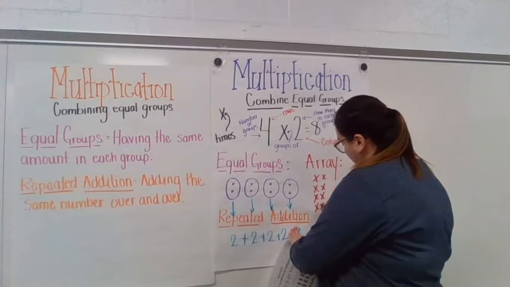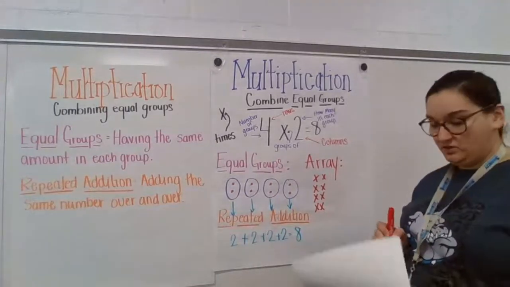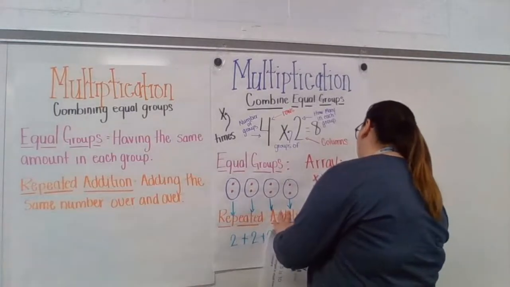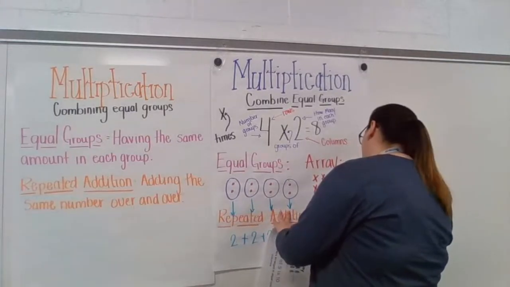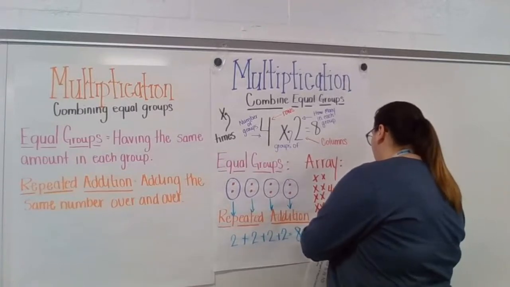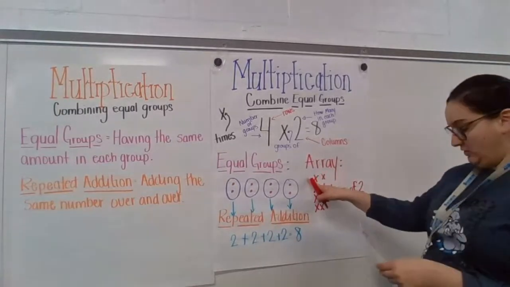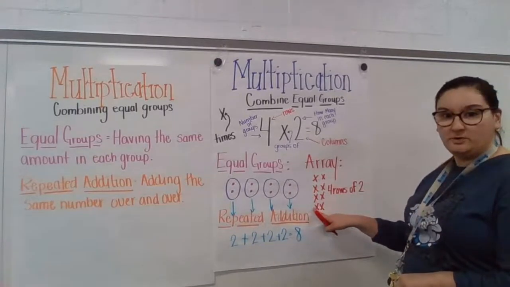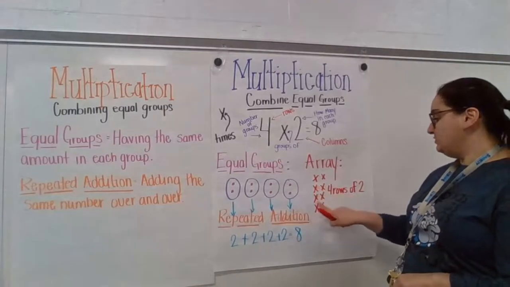This is 2 columns. That means I have 4 rows of 2. So I have 1, 2, 3, 4 rows, and I have 2 in each row.